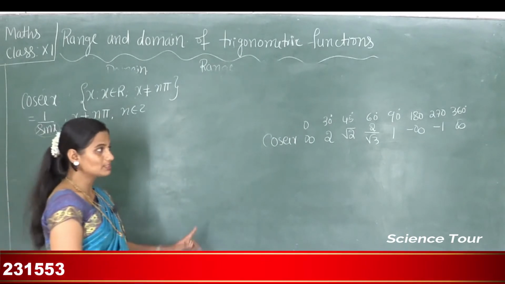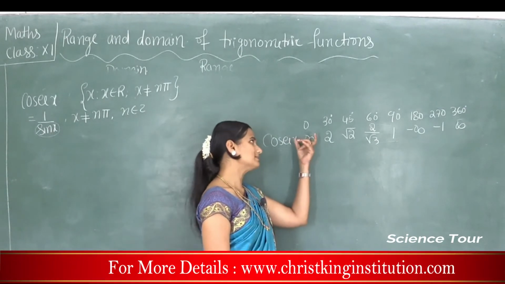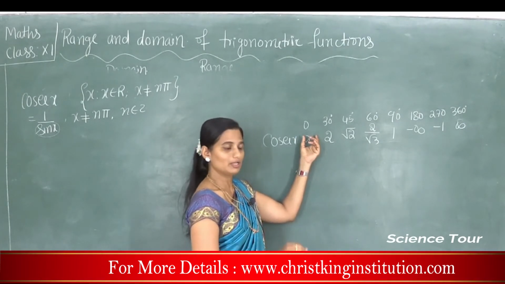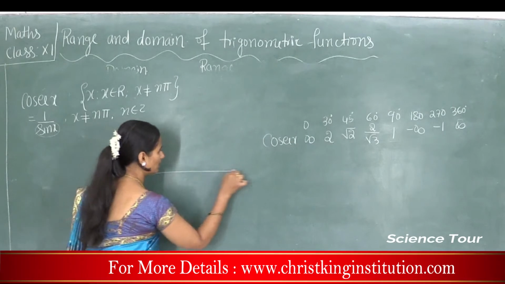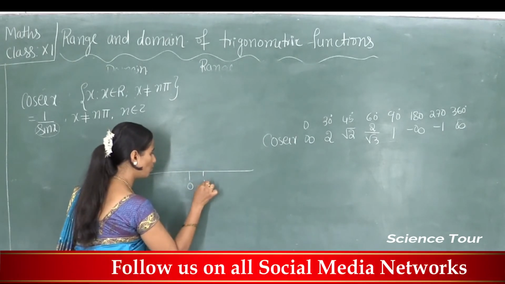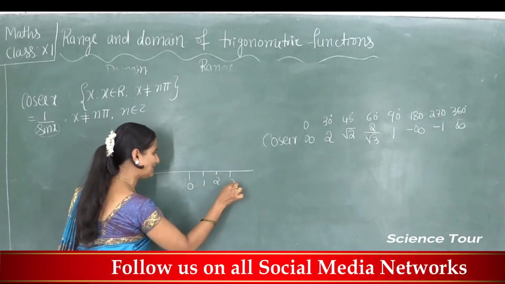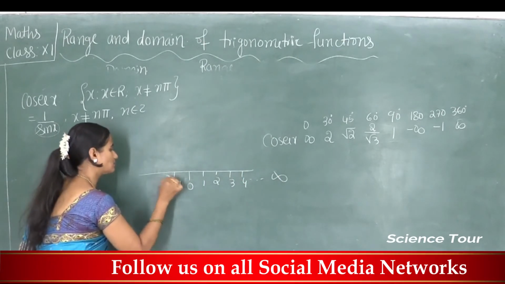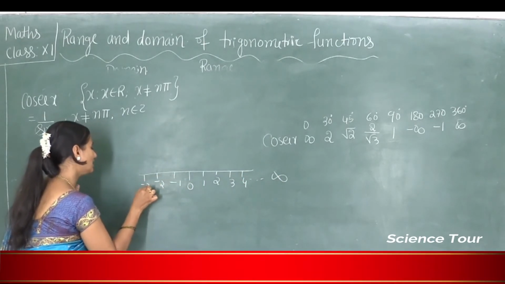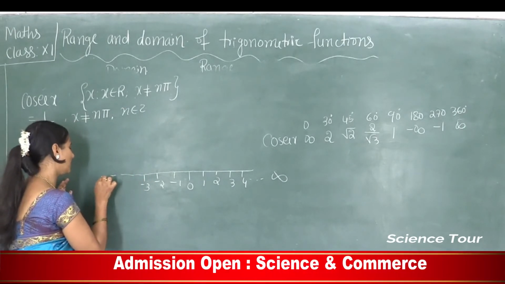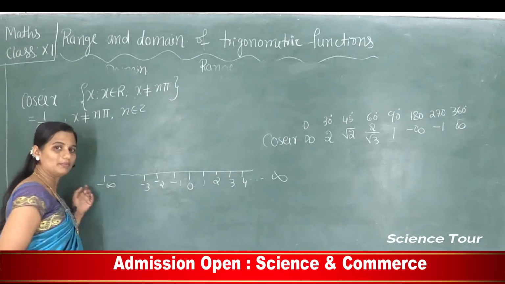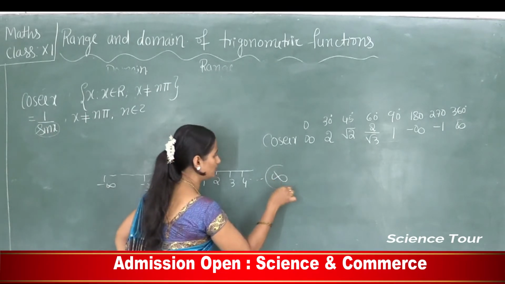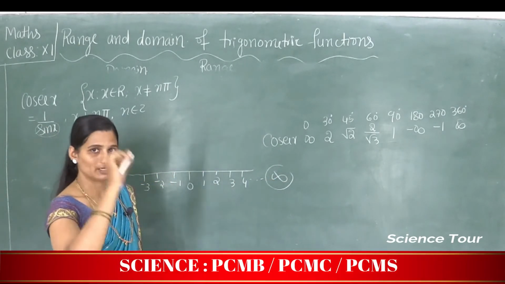Now, if you see this, what is the maximum point? The maximum point is infinity. See, this is your real number line: 0, 1, 2, 3, 4 until infinity, and minus 1, minus 2, minus 3 and so on, until minus infinity. Till infinity we have numbers.